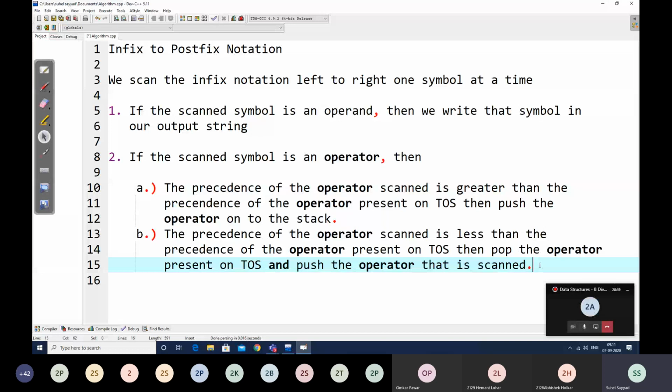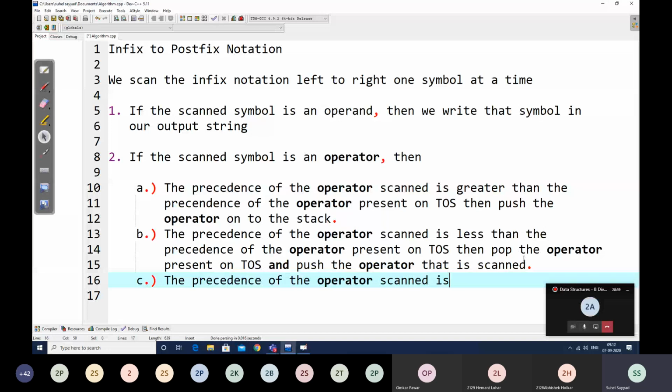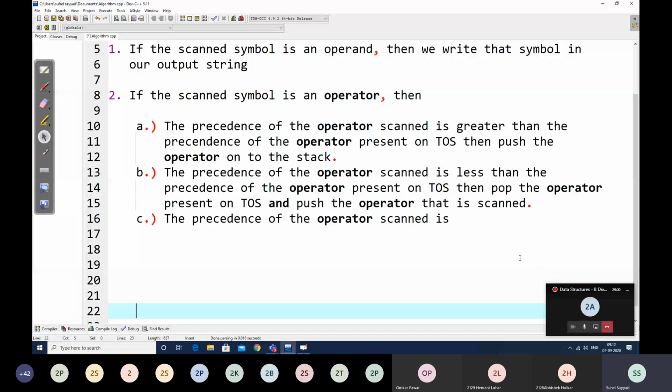Our next condition is: all of you make a note of this statement also. The precedence of the operator scanned is equal to the precedence of the operator present on top of stack.